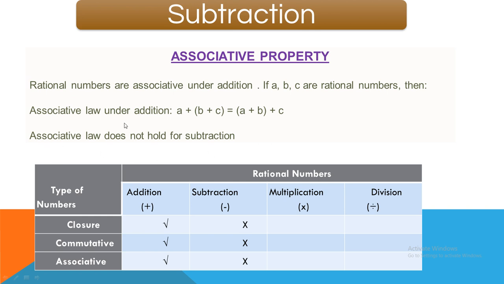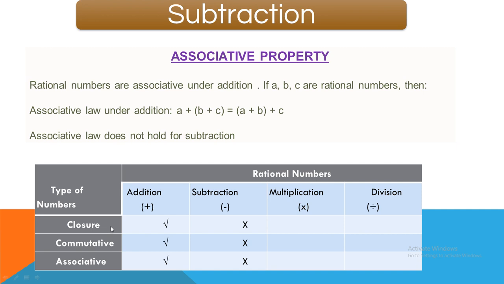But this associative law which is followed for addition is not followed for subtraction. It means (A minus B) minus C will not be the same as A minus (B minus C). Now look at the properties for rational numbers.